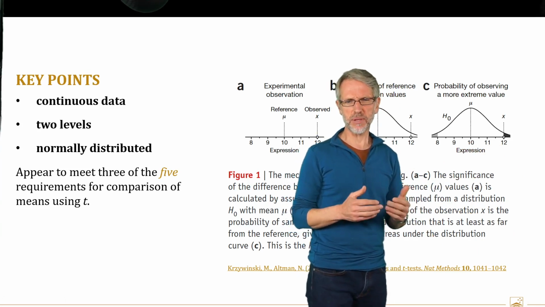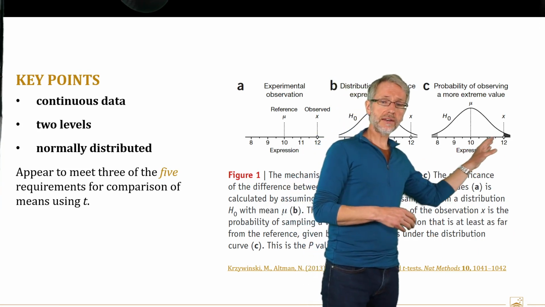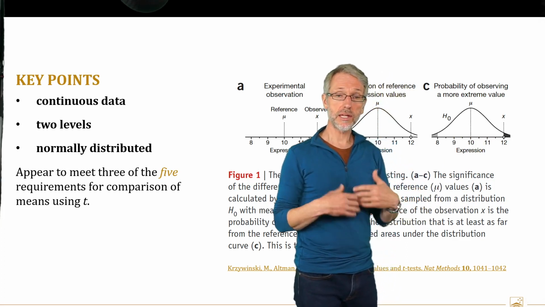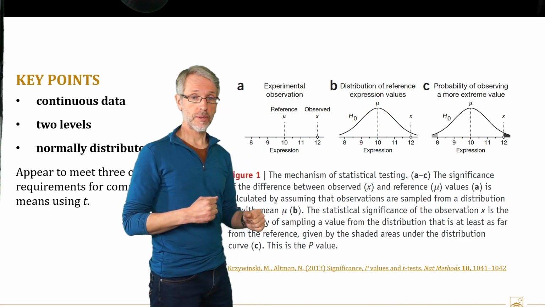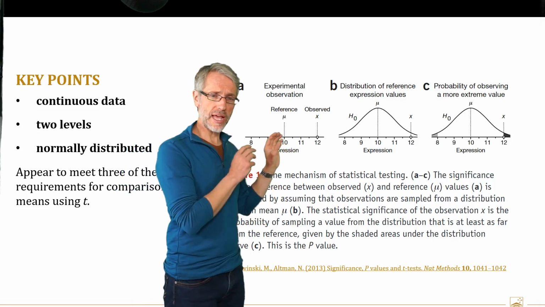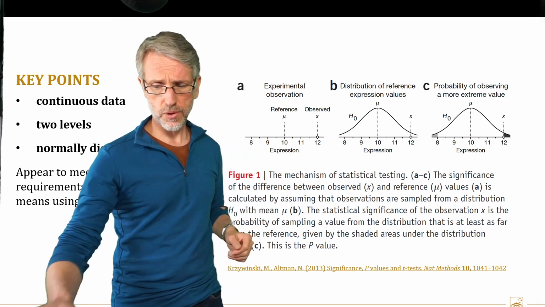We think that there might be a difference between mu and x. Or if that p-value is larger than 0.05, we don't have evidence to reject H0. So that's the way that testing operates when we have a single value and we're comparing it to a threshold value.